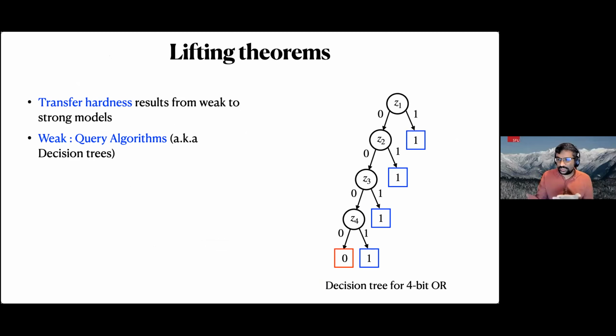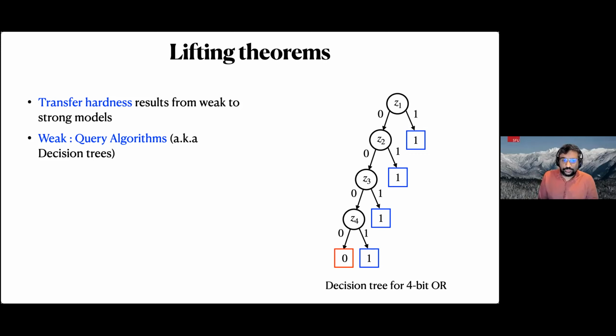For example, this is a decision tree for computing the OR function. In this model, you can only access the inputs by querying them bit by bit. Here, this is a 4-bit function. You query the first bit. If it's 1, you already know that the output of the function is 1, then you stop. Otherwise, you query the second bit and so on and so forth.